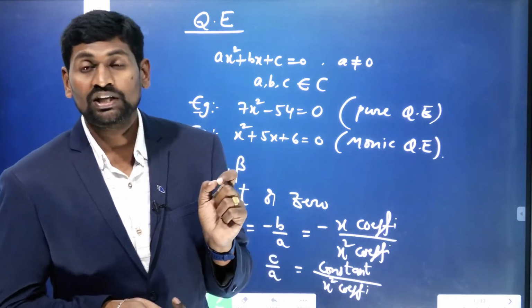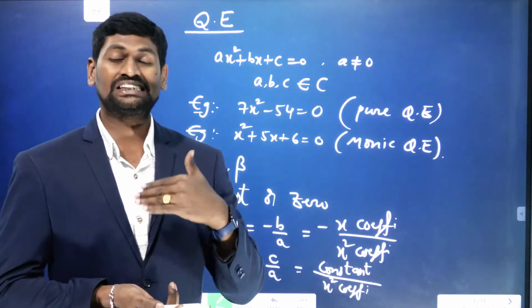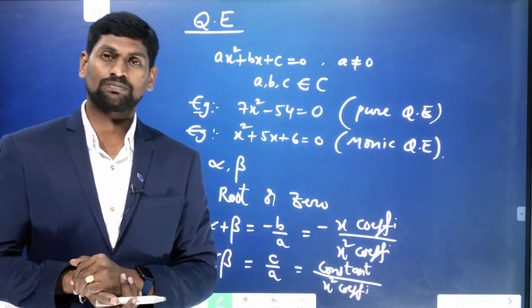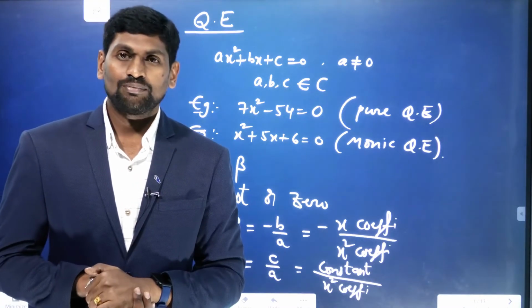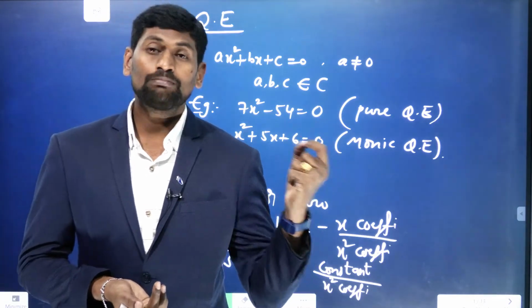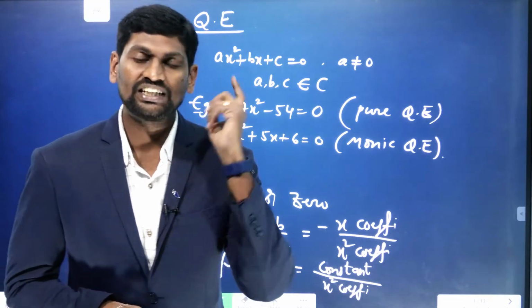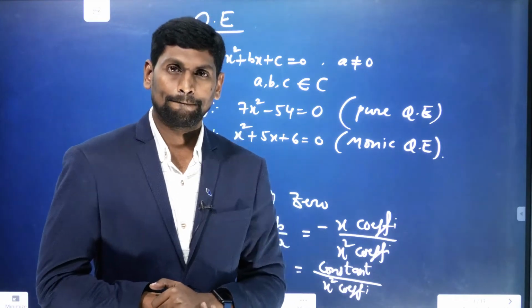And there I also made a point. If a quadratic equation has more than 2 distinct roots, meaning more than 2 different roots, then that quadratic equation will be an identity. Am I right?